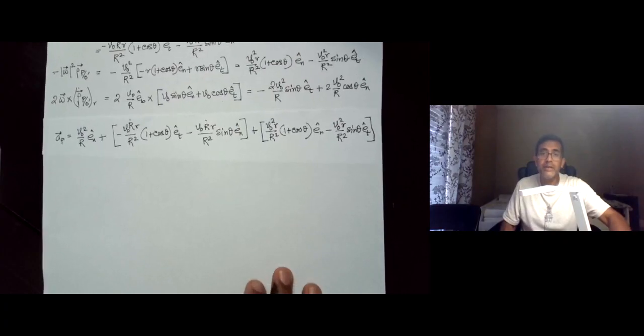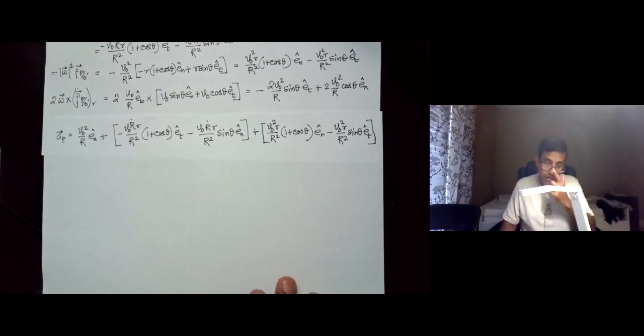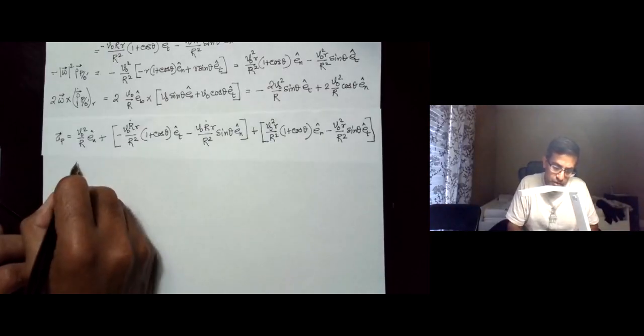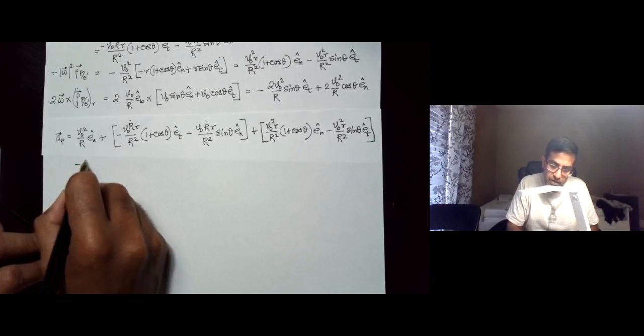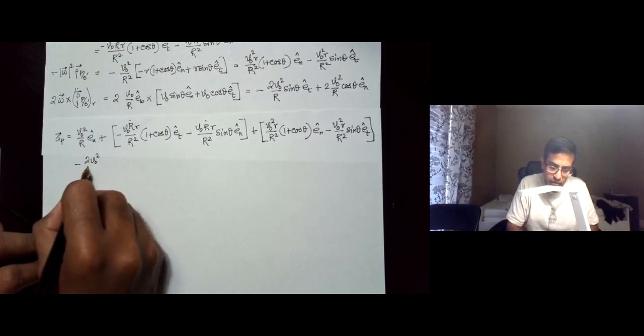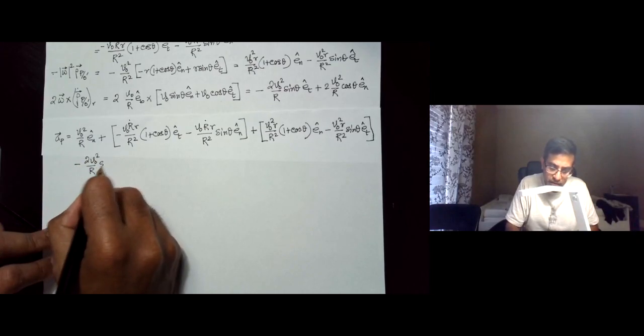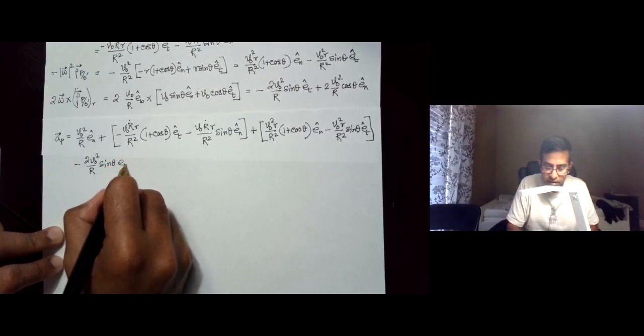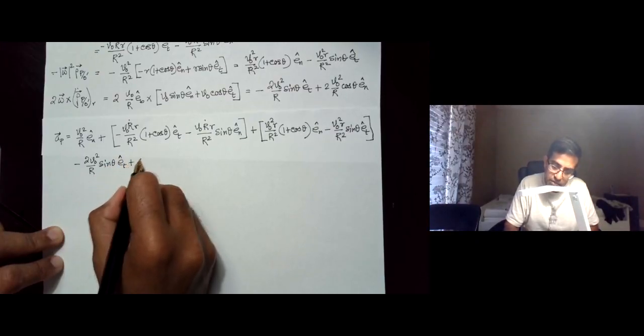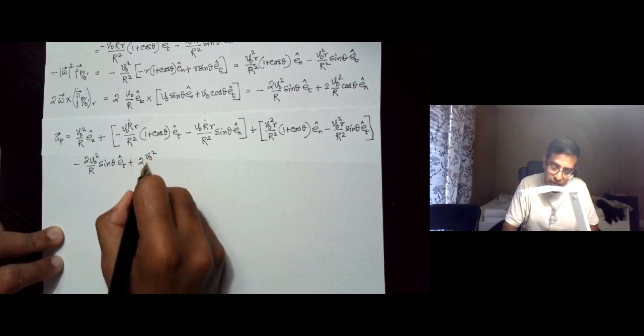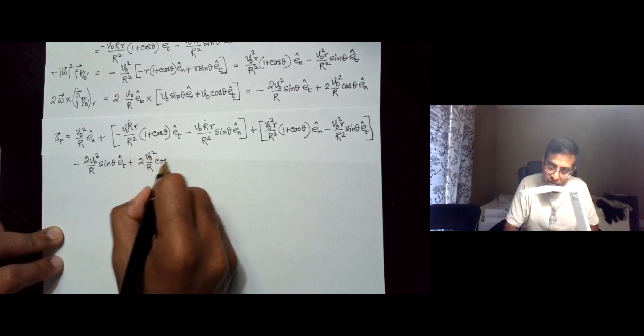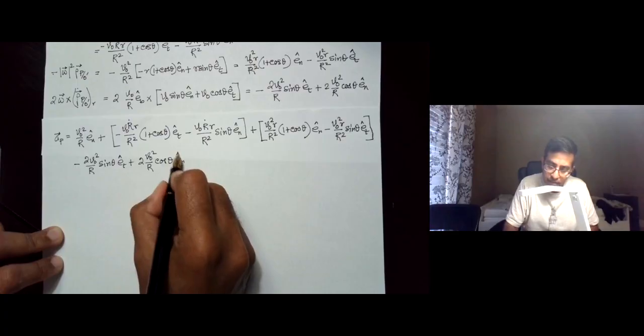Alright, then we have the Coriolis term. So the Coriolis term is minus 2 V naught squared over capital R sine theta Et plus 2 V naught squared over capital R cosine theta En.